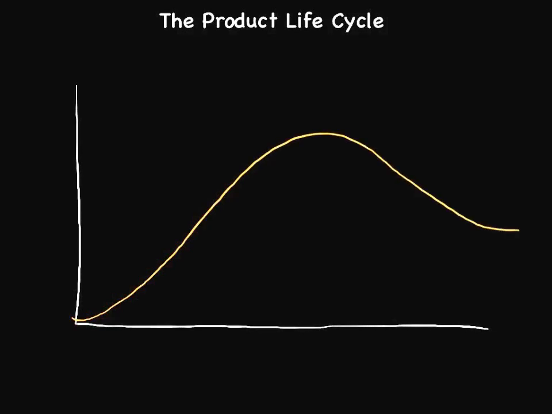And then we have a series of different stages that we ultimately have to work with here. And so the first stage, which typically goes right about here, we call the introduction stage. This is the first stage that products go through essentially when they reach the marketplace.